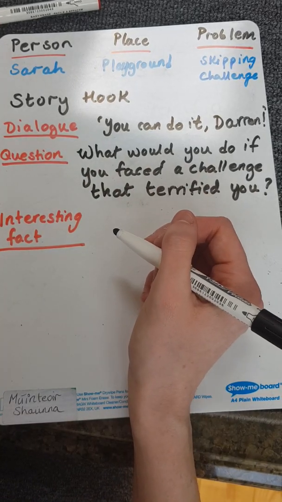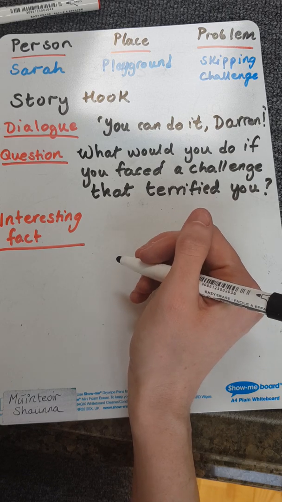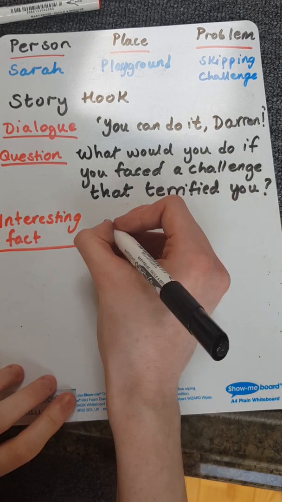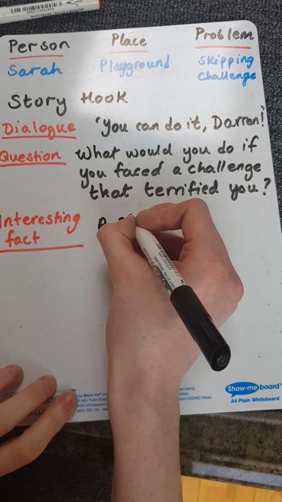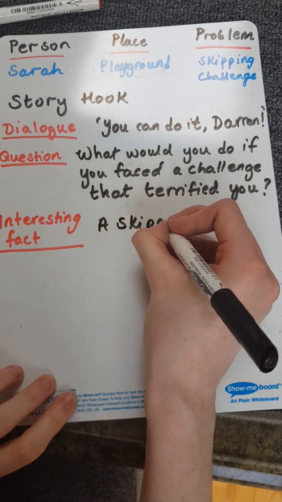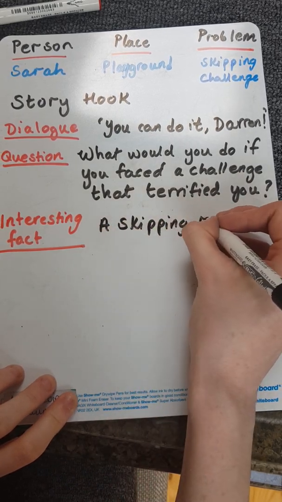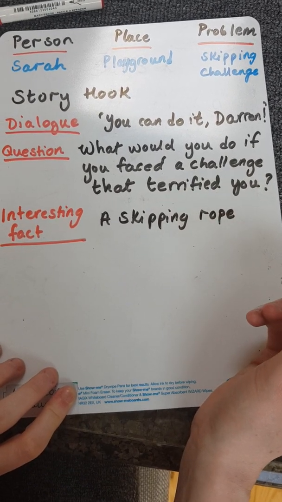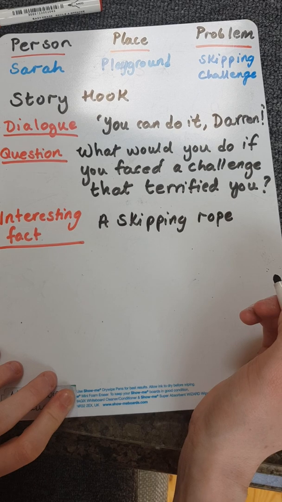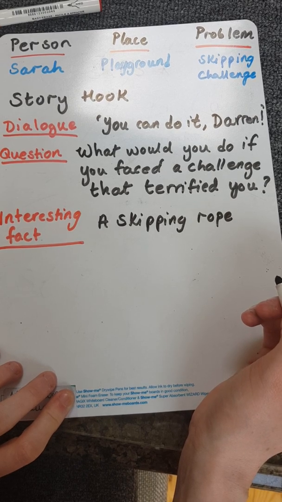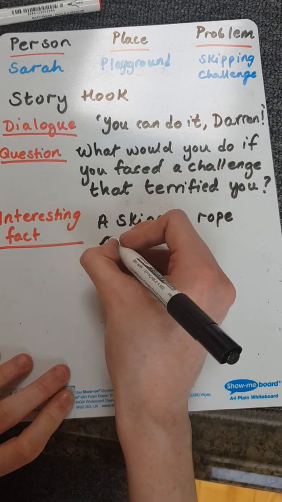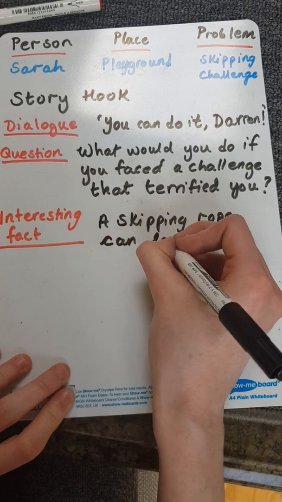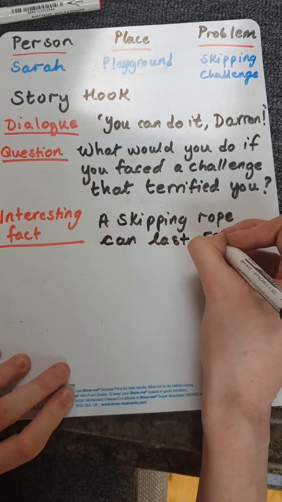So an interesting fact could be a skipping rope can last 50 years.